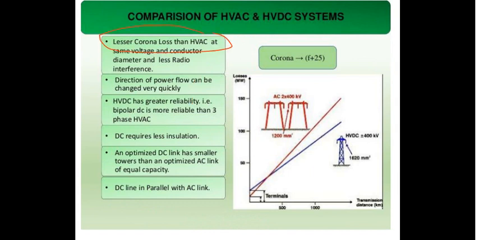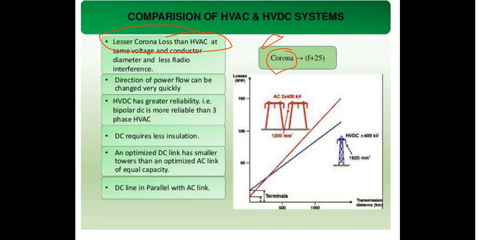So this basically is because of the spacing, the voltage gradients, or the charging current which is responsible for the ionization of the air between the two conductors. All these problems are more in the AC system compared to the DC system. That means the corona losses are less in DC systems compared to the AC system.